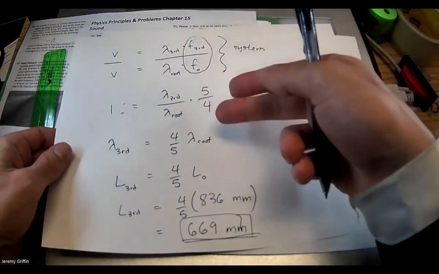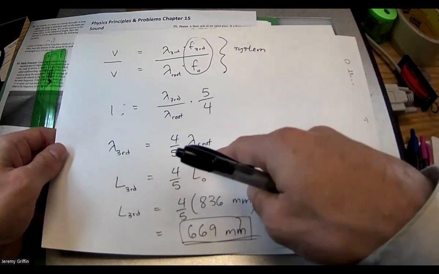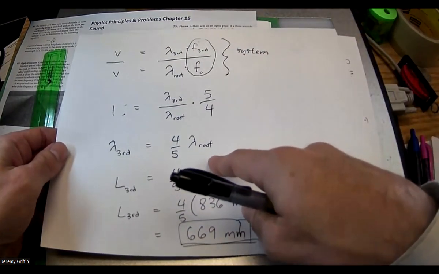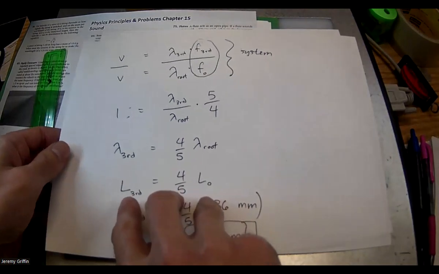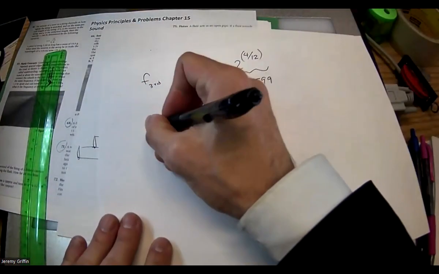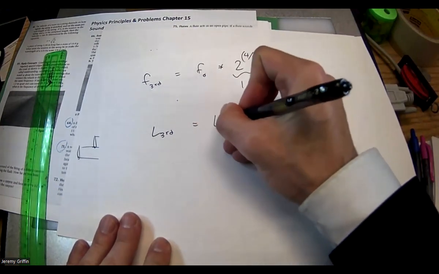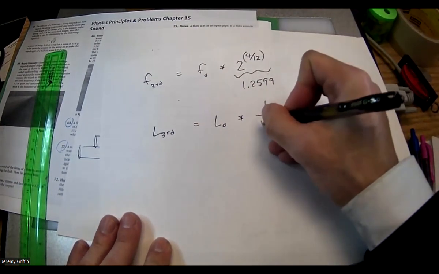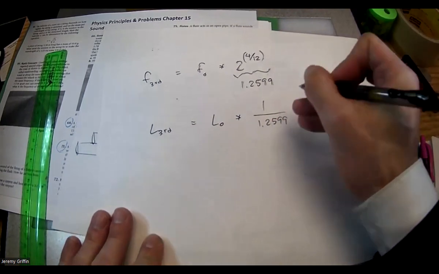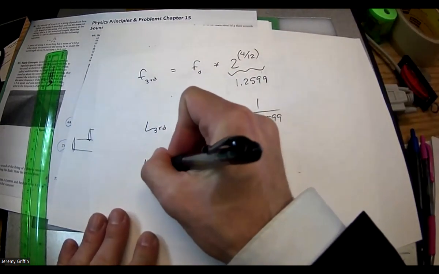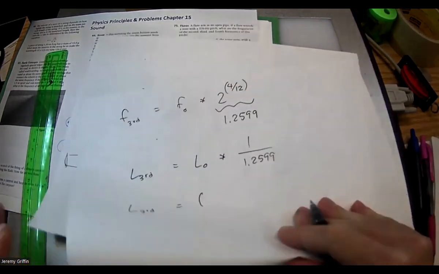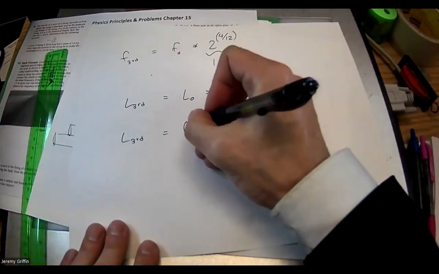You just feed it into some work I already did. So let's just jump straight down to here. The length we need for the third is equal to the original length times 1 over 1.2599. We got 836 millimeters.